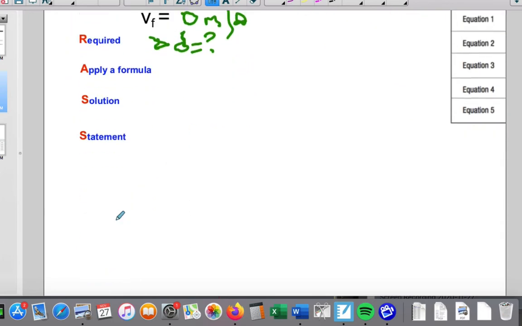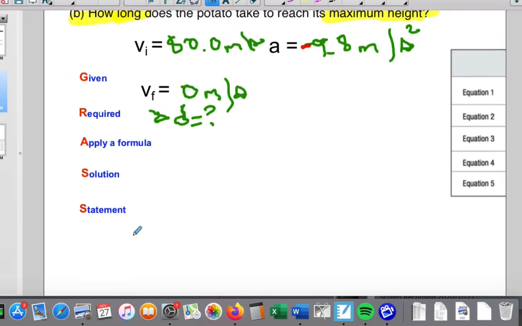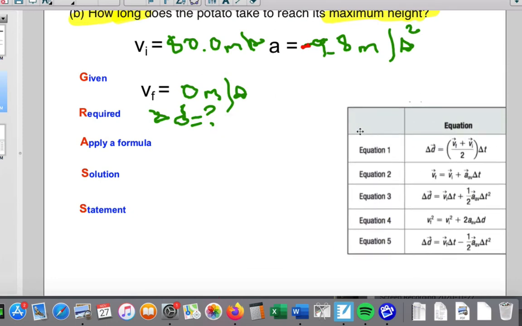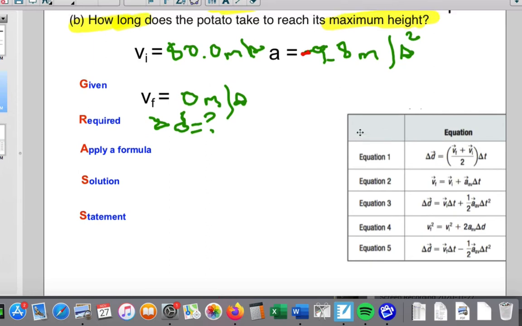Now, we have to apply a formula, and remember last day we were looking at the 5 key equations. In the question we've got initial velocity, final velocity, acceleration, and we're looking for the displacement. And the equation that has those 4 variables is equation 4.